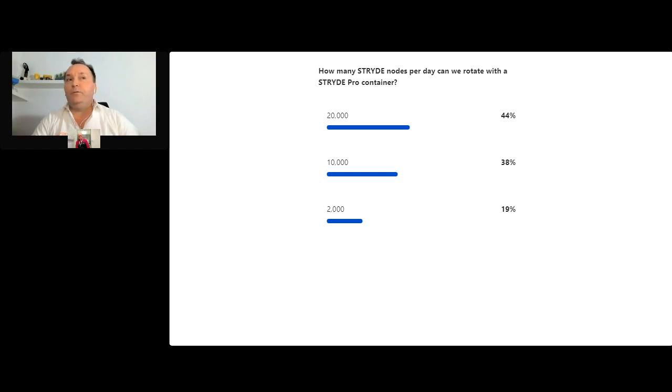So that's very important to keep in mind, because this case study does show that in some scenarios with extensive use of Stride node, we are moving up to 50,000 nodes per day, which is a number that may sound a little bit high, but it is totally achievable today with the technology we are providing.